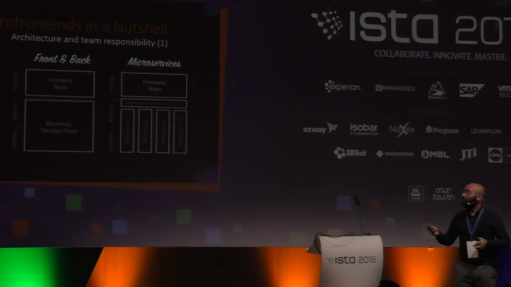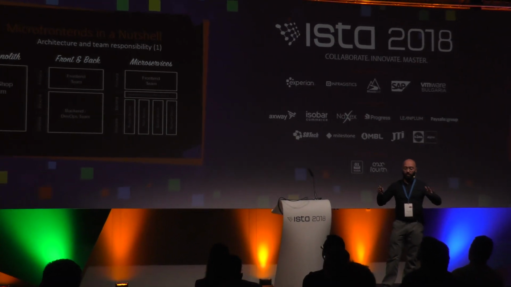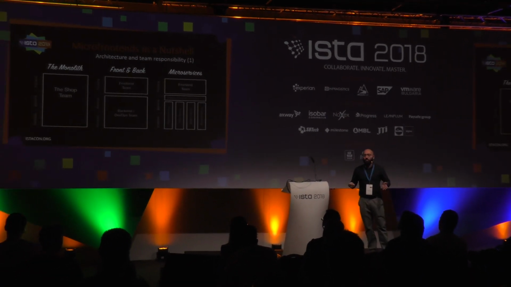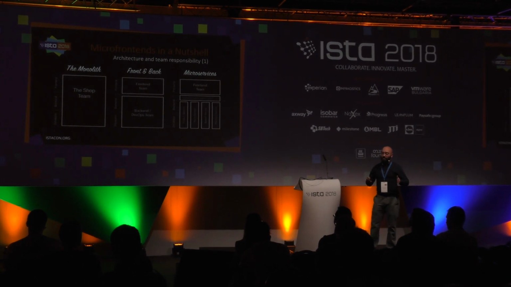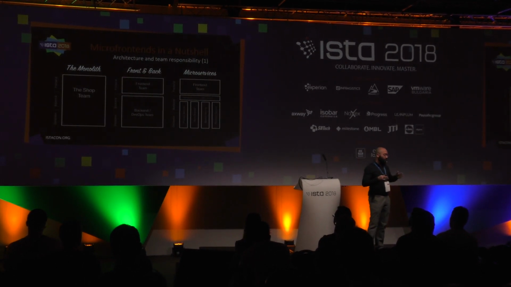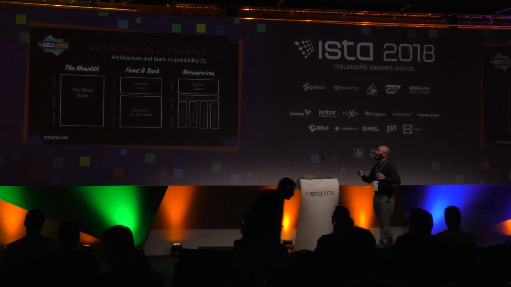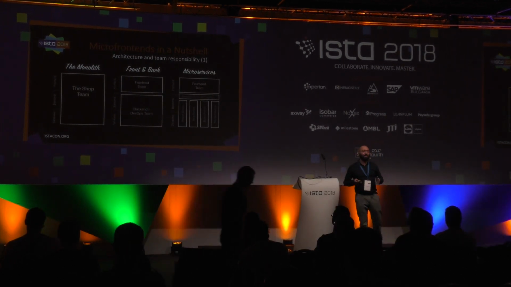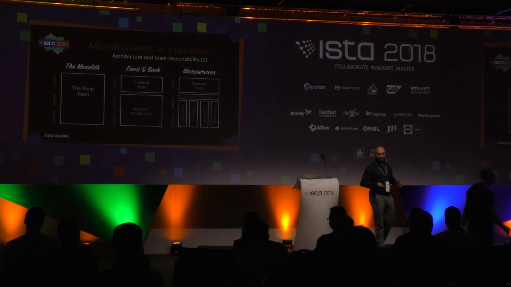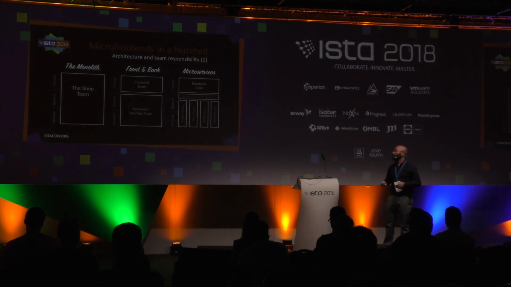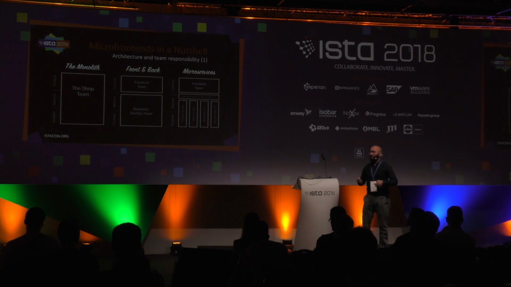A lot of startups have this monolithic software, which is normal because they still have less code and their product is manageable in its size. So they have what they call the shop team. The shop team is guys that work on everything. They are good in databases, they're good in backend, they're good in frontend. Everything is kind of mixed up. You don't really have a lot of investment in architecture where you split this up.